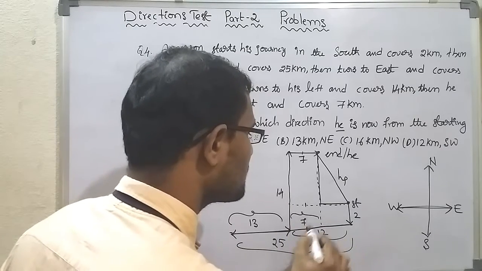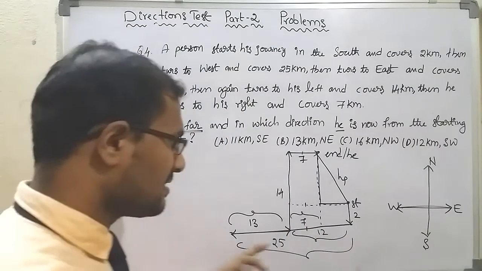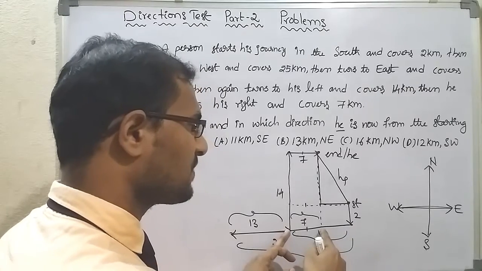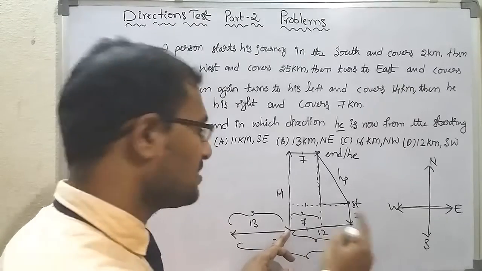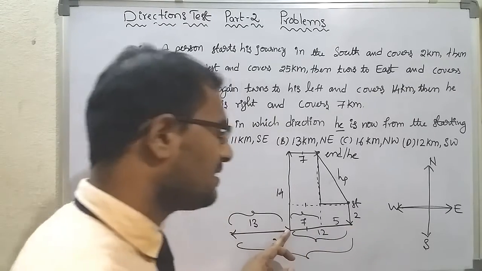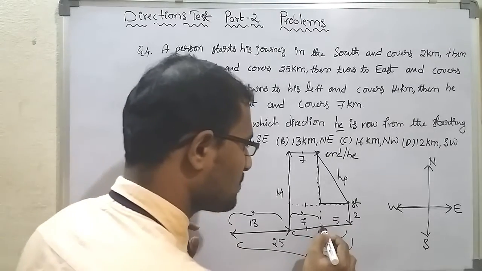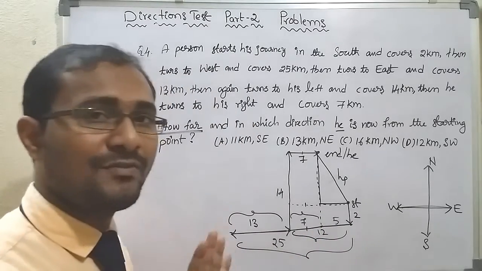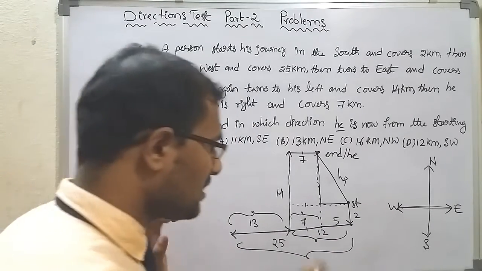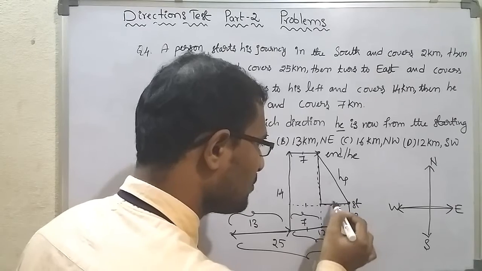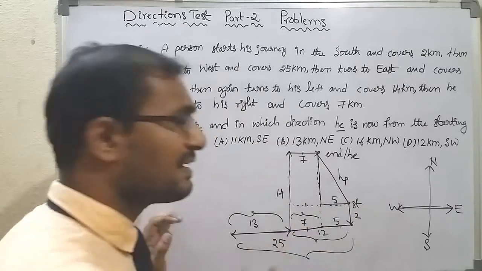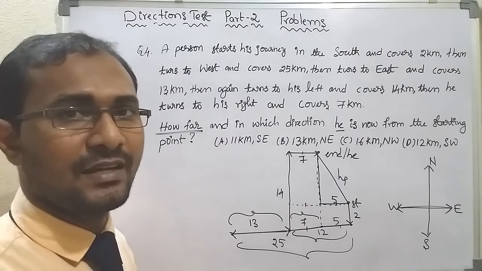It means from this point to this point it should be 12. See, this complete line is 12, so up to here it is 7, so definitely the remaining distance from this point to this point has to be 5, right? It means both are the same. It means the base of the right angle triangle is 5, right?